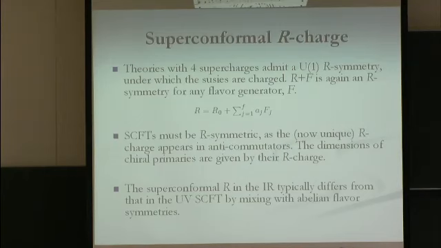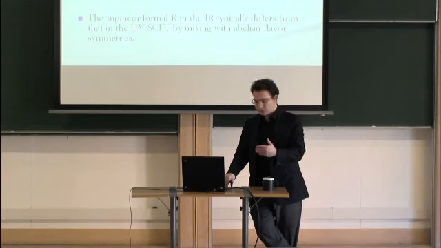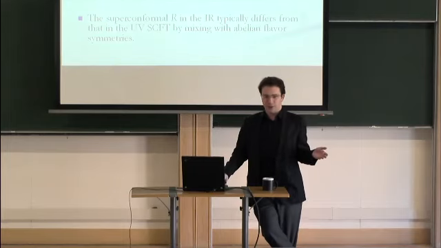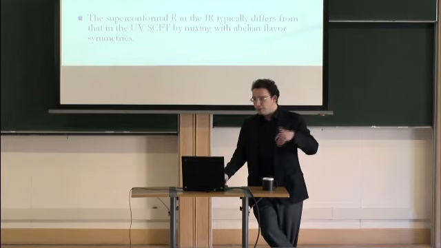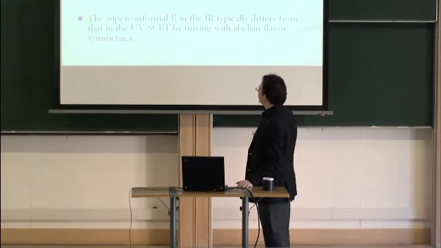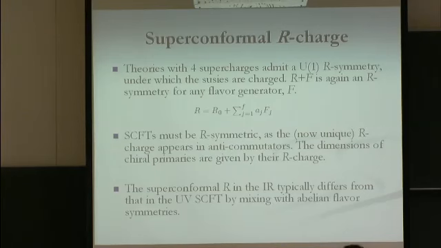So in particular, if you started in the UV, say with something involving free fields, which have canonical R-charge assignments, by the time you flow to the infrared, the thing that sits in the infrared superconformal algebra might have been mixed with some flavor symmetries like this. So this game of trying to determine the infrared R symmetry means finding these coefficients between R infrared and R UV, the relative difference by the flavor charges.